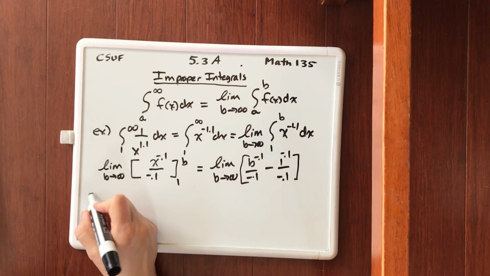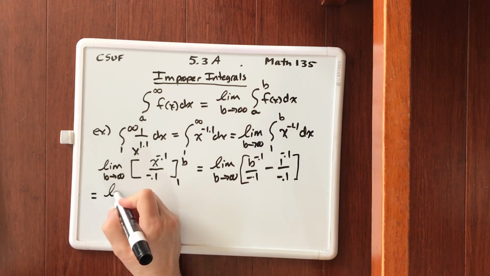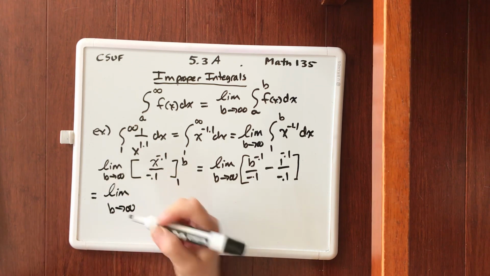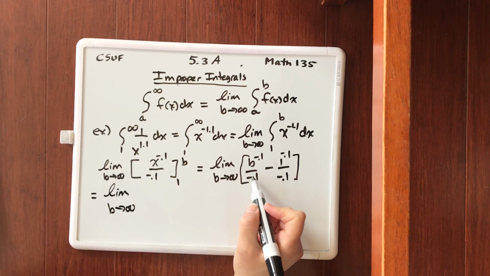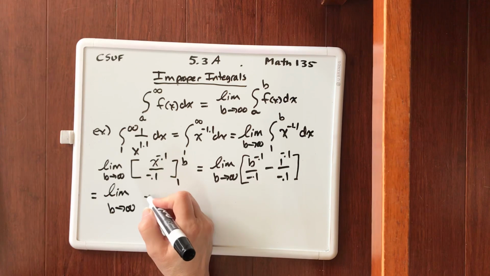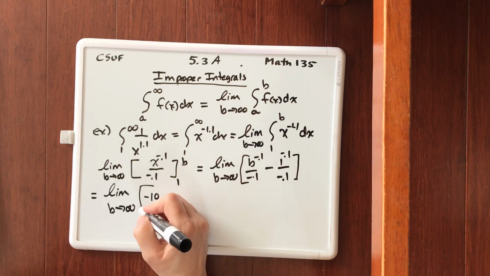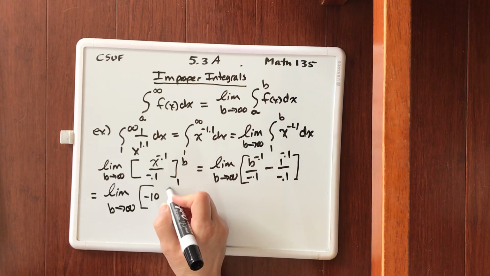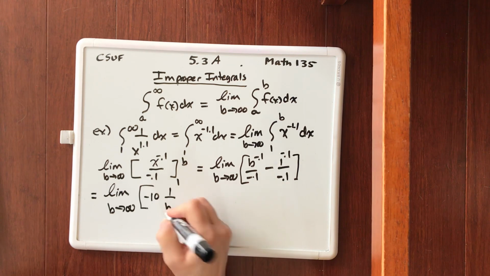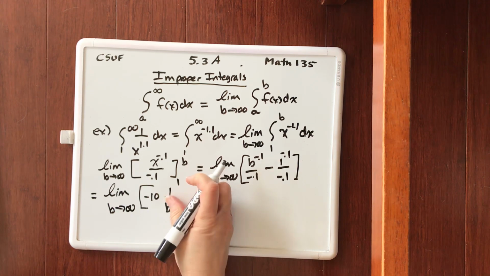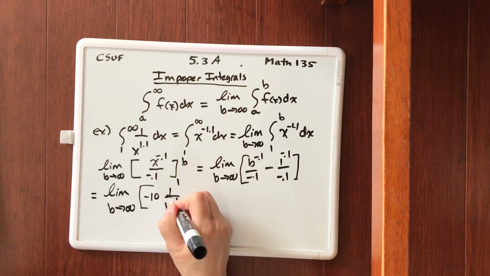Okay, so let's keep going. Limit as b approaches infinity. Now what does this equal? Well, this happens to equal negative 10. 1 over negative 1/10 is going to be negative 10. And b is just going to be 1 over b to the 0.1.